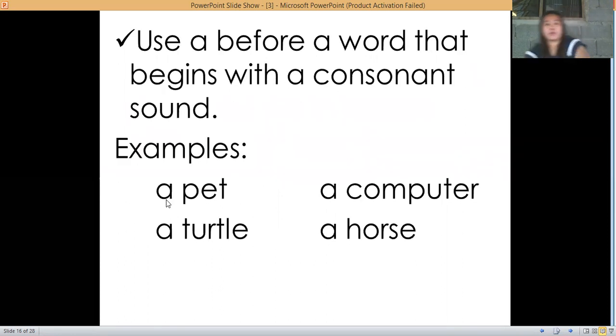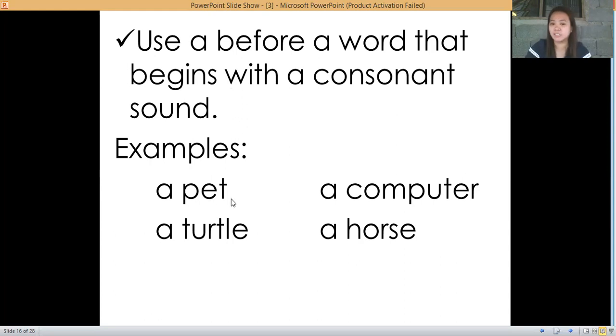For the article a, you're going to use a before a word that begins with a consonant sound. The consonant letters are B, K, C, D, G. They are the consonant letters.